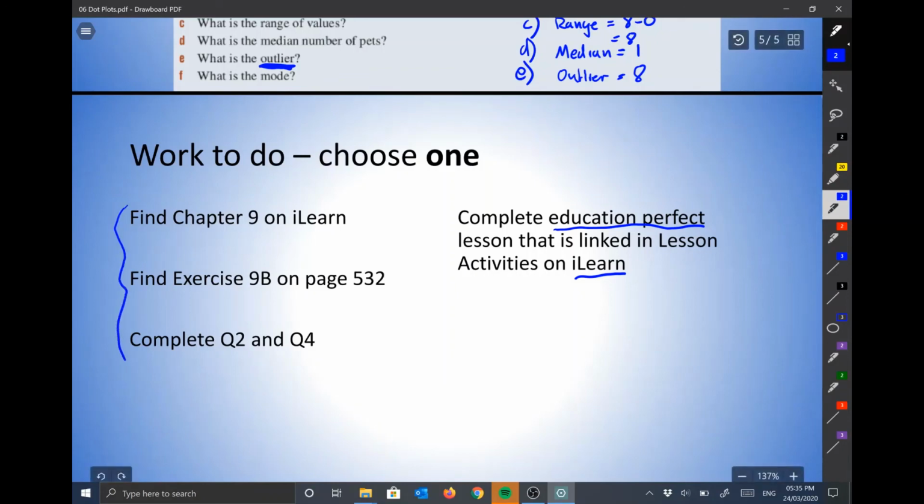You can go to the textbook, go to page 532 and answer question 2 and question 4. I'm happy for you to choose either one of these options, and you will either submit your textbook work to me on iLearn, or I will be able to see what you've done on Education Perfect. Thanks, guys.